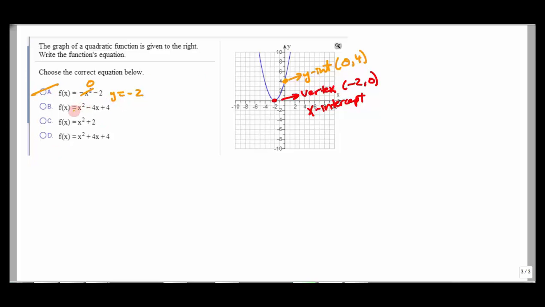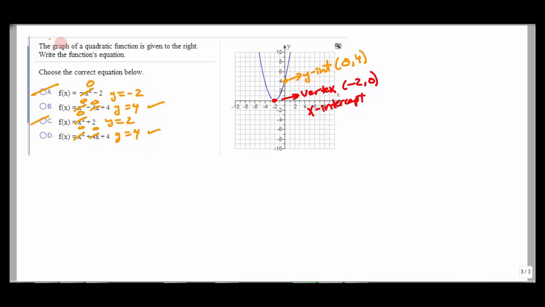If I let x equal 0 here, I get y equal 4, so that has potential. If I let x equal 0, I get y equal 2 here, which means that can't be the right answer. And for this one, if I let x equal 0, I get y equal 4. So it looks to me right now like a contest between B and D.